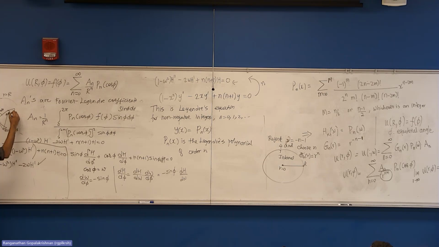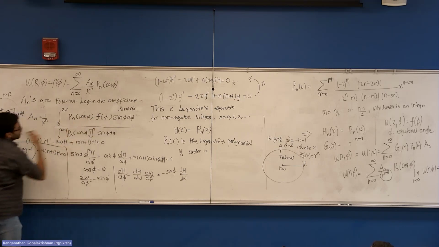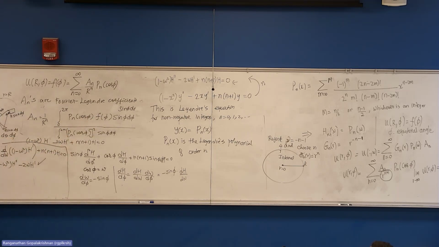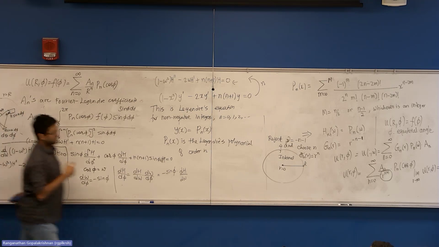So the area element will be r squared sine theta d theta d phi. But what we have is sine phi. I wonder why.